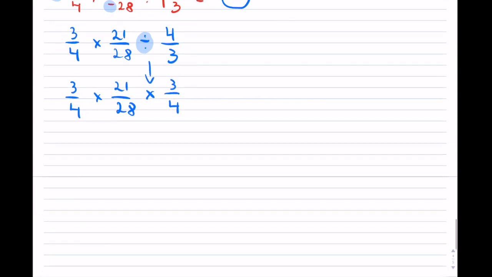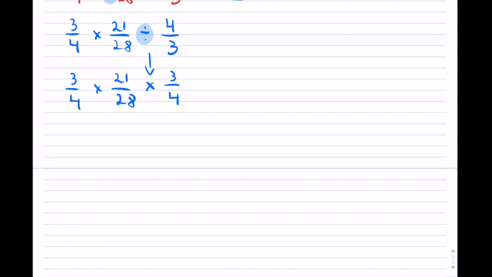Next step, reduce. So let's see if we can reduce anything. Let's say this 3, it doesn't go into 4. It does not go into 28.